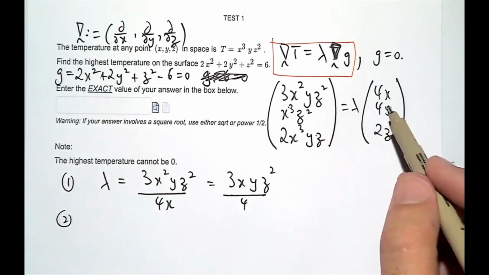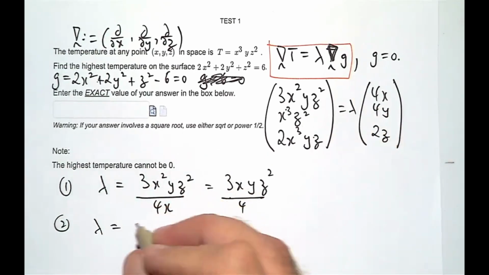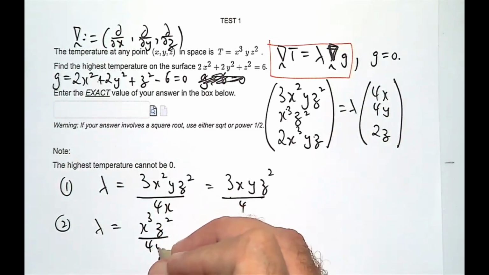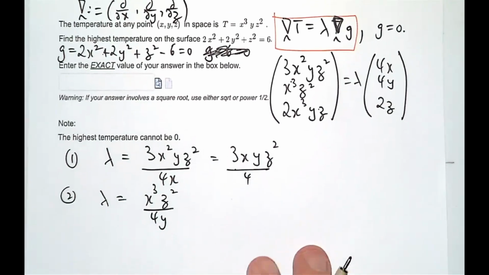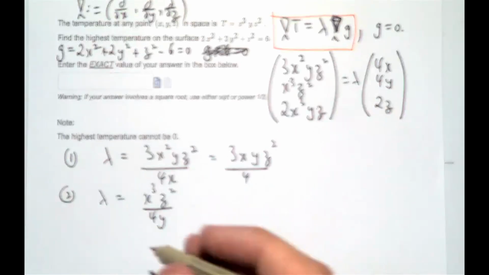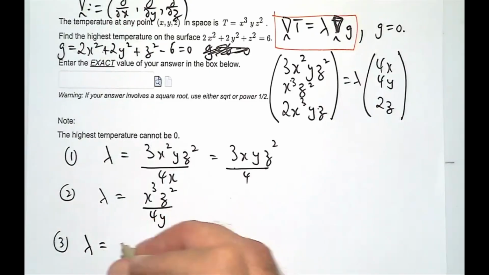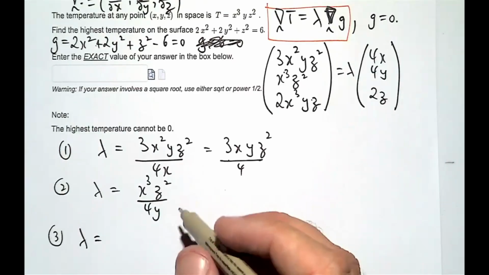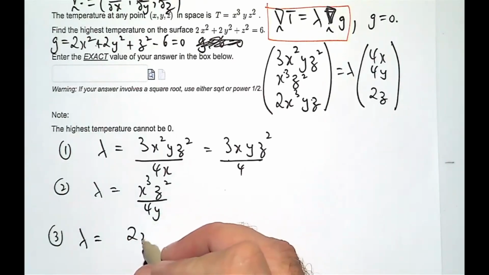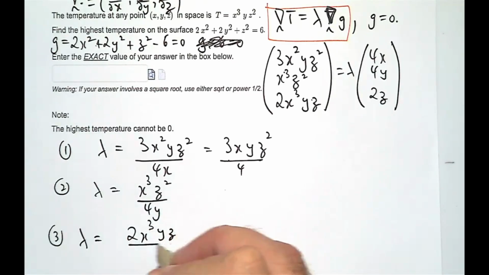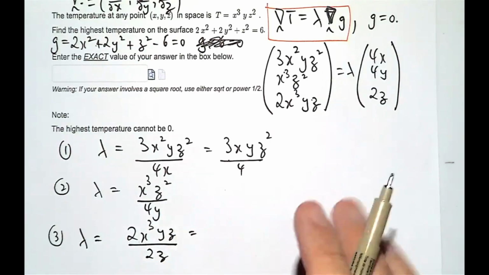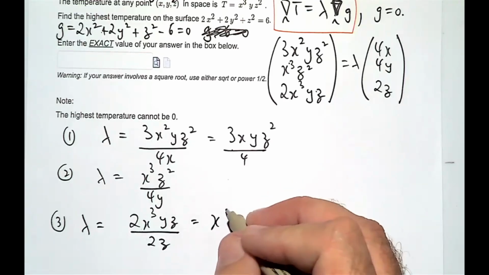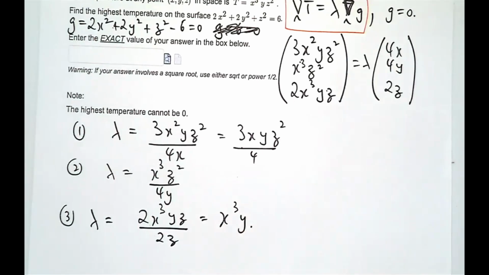For the second one, I'm going to take the 4y over there. And for the third one, I'm going to take the 2z over there. So I can simplify that. Okay, you can knock off the 2z's, again assuming z's not 0.